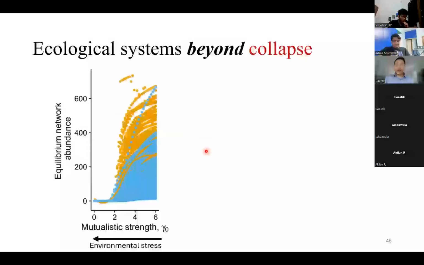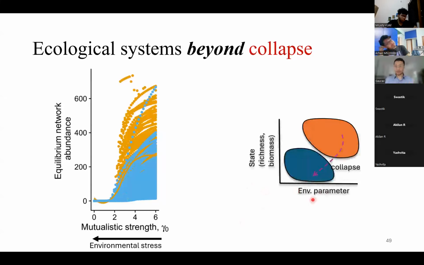Right. Now, once such systems have collapsed, what happens? What should we do? What happens to systems that go beyond collapse? So, for instance, as the environmental stress increases, the systems collapse, as you can see around this. And now, once it collapses, what should we do? A graphical way to observe this particular problem is this. So let's say on the x-axis is some kind of an environmental parameter, which could be, let's say, habitat loss or some species loss in a network.